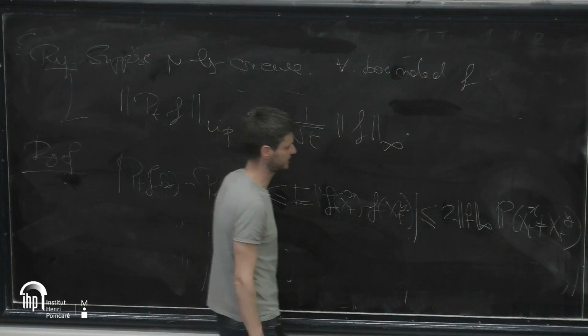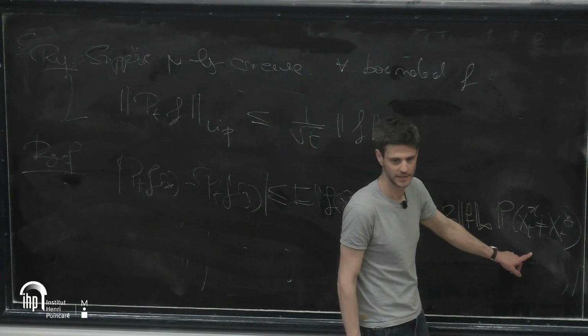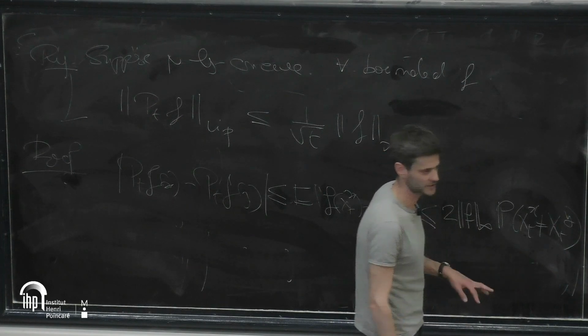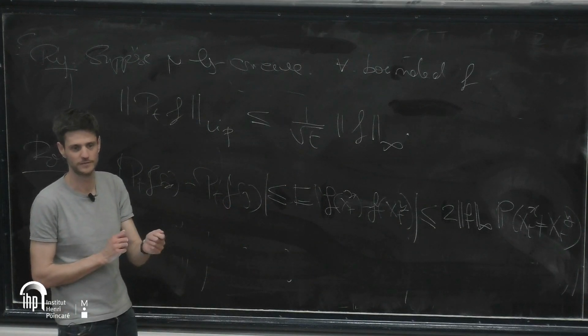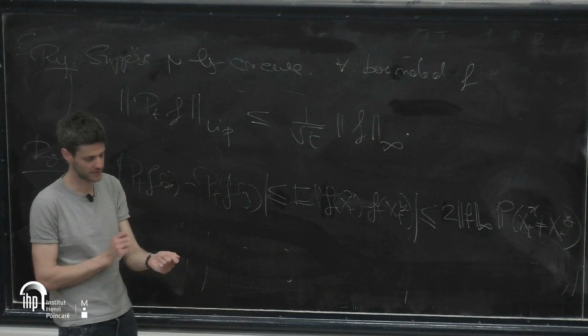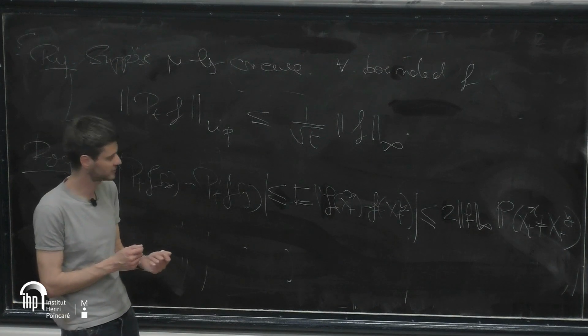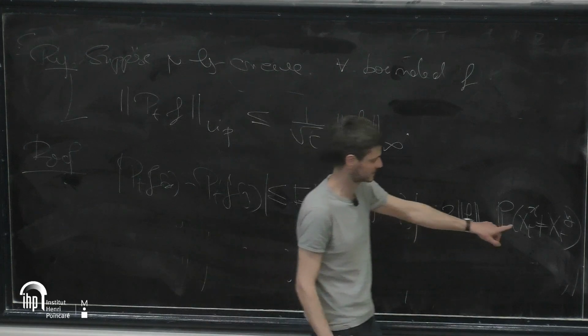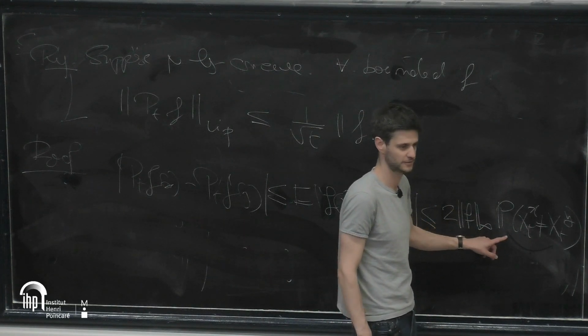So I need to find a coupling for which this is small. Okay, so now the coupling that I chose before, where I choose the same Brownian motion, is awful here. Because if you take the same Brownian motion, you see from the equation that I erased that actually the two processes never meet. So this probability here is always 1. So not very good.